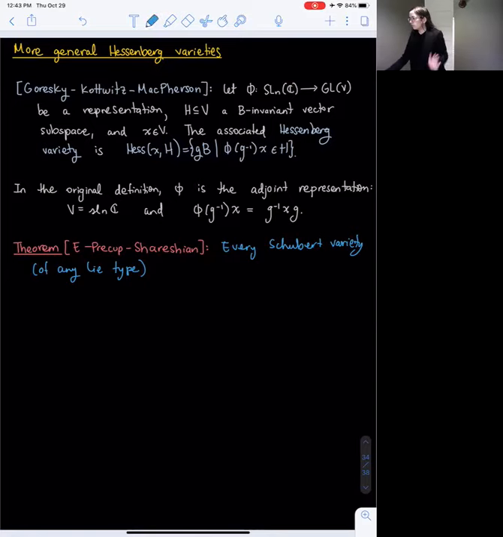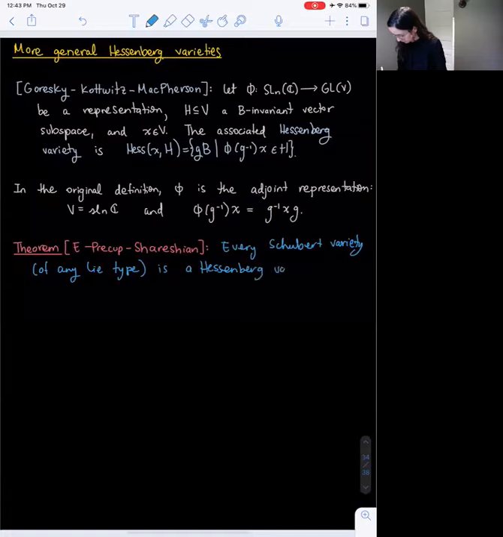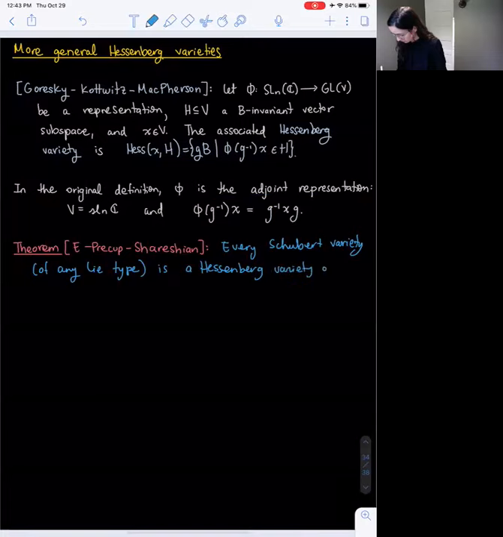But in any case, any Lie type is a Hessenberg variety of this form. Okay. So for these very general Hessenberg varieties, we obtain all Schubert varieties.